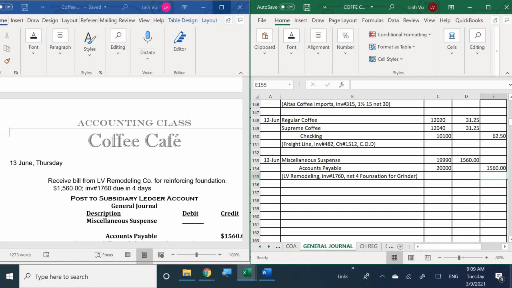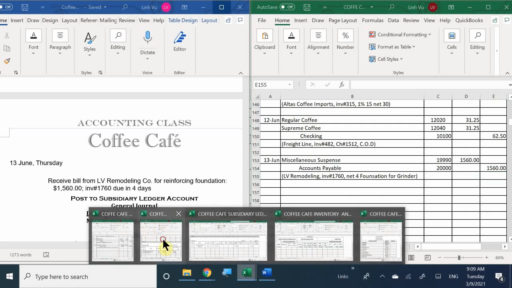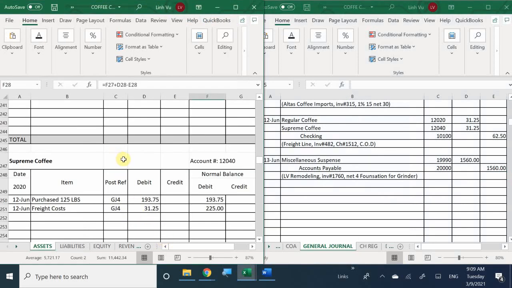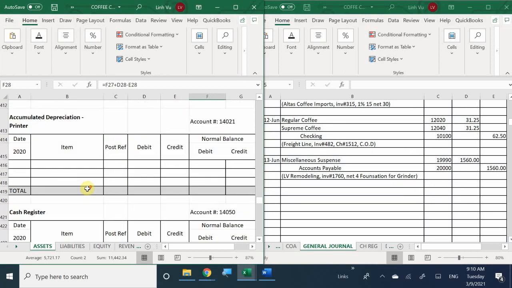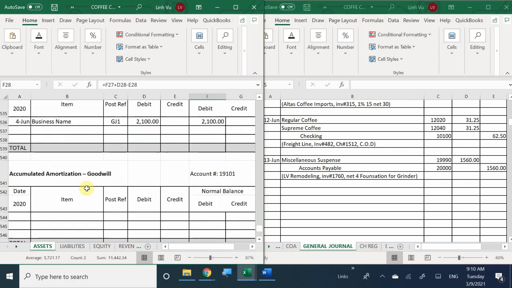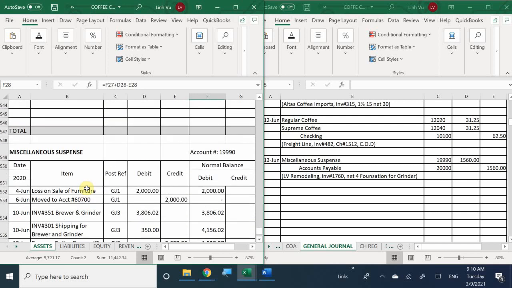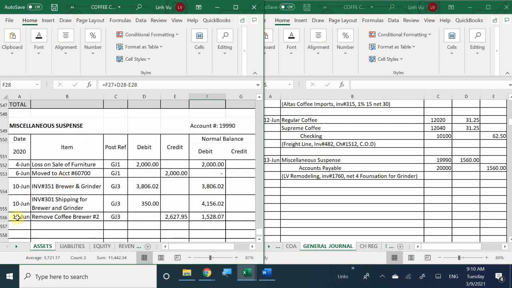Okay. So next we're going to go to our ledger. Now we have to go to our miscellaneous expense. So that's going to be an asset all the way down to the very bottom. All right, here we are at miscellaneous expense. This is June 13, and you could put whatever you like in here.